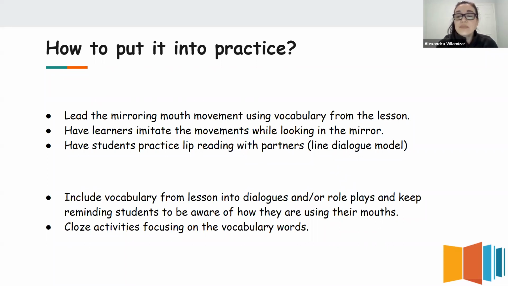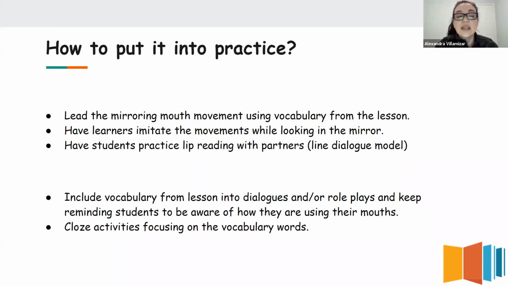Pre-COVID, or hopefully post-COVID, when we can meet again in person, you have students facing each other, and then they can do the lip reading. But here, with online classes, you will be the one saying the word, and then your student will do the lip reading.